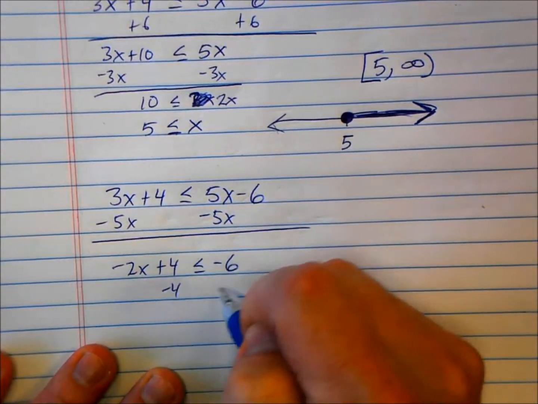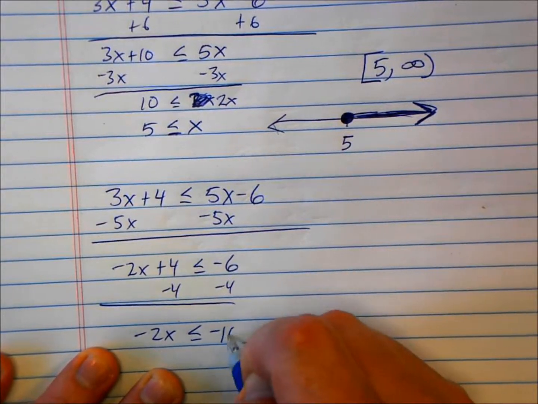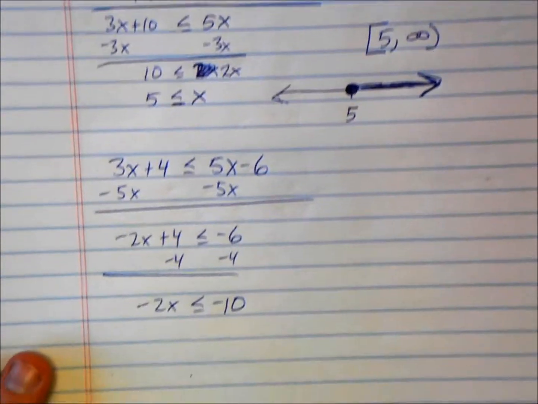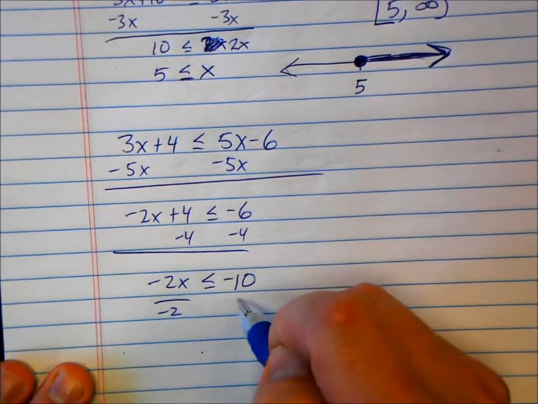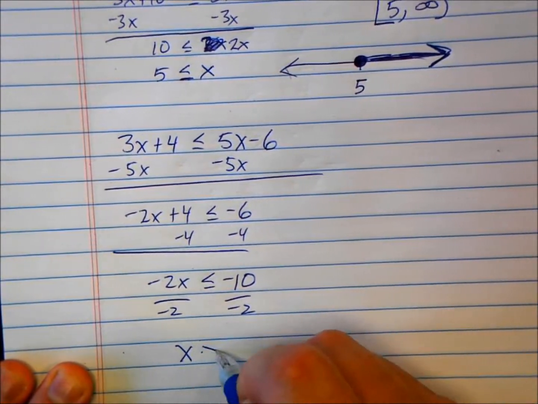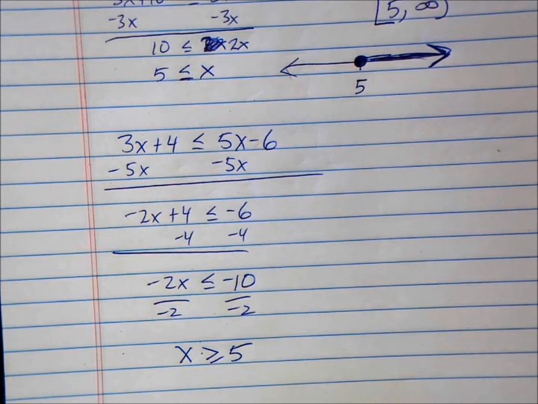Minus 4 on both sides. Minus 2x less than or equal to negative 10. And here's where the big change would come. This time you divide by the negative 2, and you've got to flip. So you would write x is greater than or equal to 5. Okay, same answer, just written different.